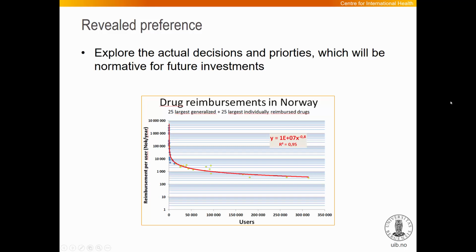This graph is from a paper we wrote based on Norwegian data. And the data suggests that willingness to pay is much higher when the number of users of certain drugs is small. When the patients are few, the budget implications are not so high. But when the number of users is high, willingness to pay seems to go down because the budget impact was high.